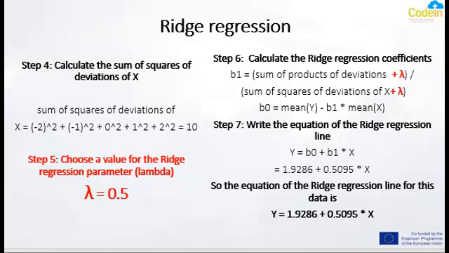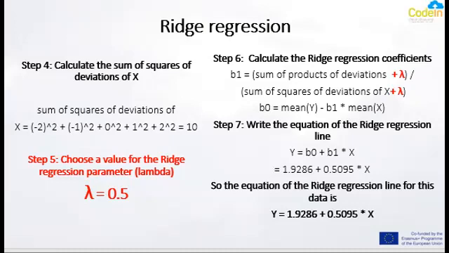In practice, the optimal value of lambda for a given data set is usually determined through a process called hyperparameter tuning, where different values of lambda are tried out, and the one that yields the best performance on a validation set is chosen.